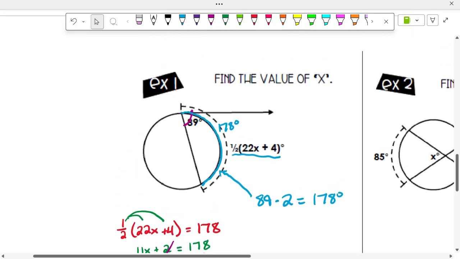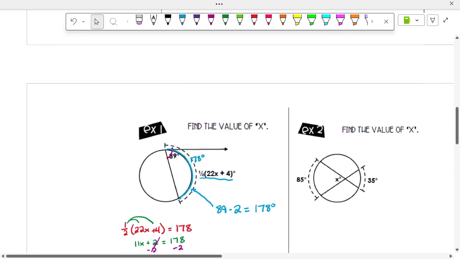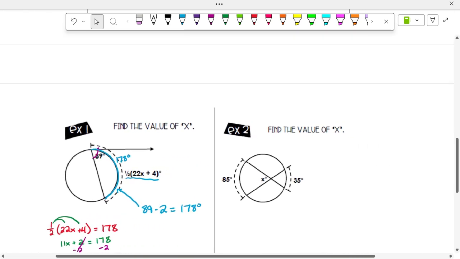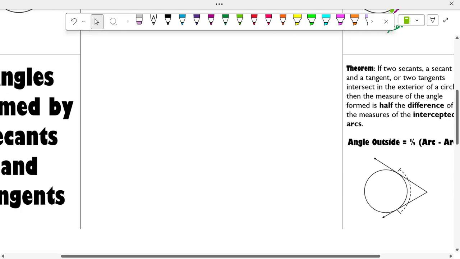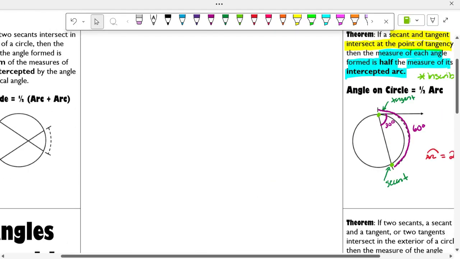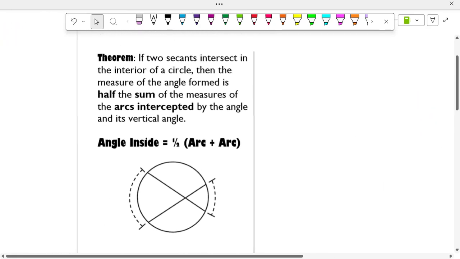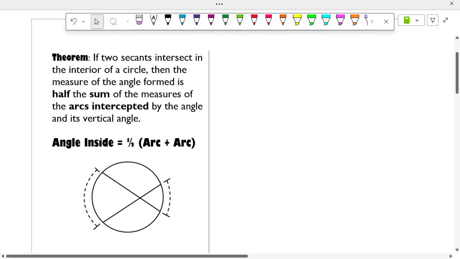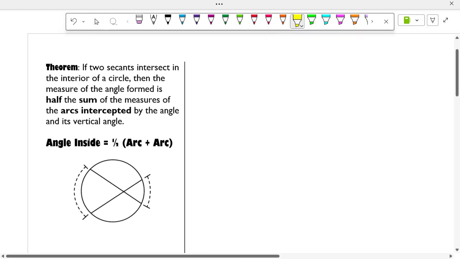All right, so that's just an inscribed angle. Let's look at another type. So now we're kind of breaking away from the inscribed. And we're going to look at this one right here. Now, it states that if two secants intersect in the interior of the circle, what does interior mean?